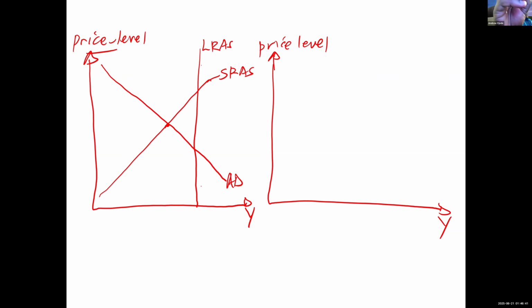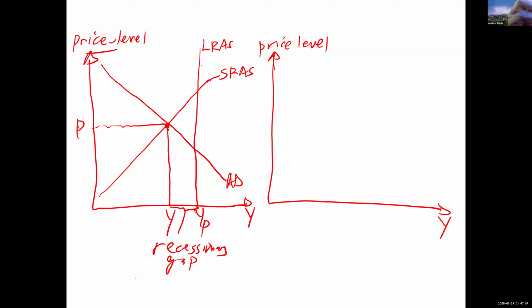Remember, this vertical line determines your potential output, but the intersection between aggregate demand and aggregate supply happens here, meaning that the actual output the economy produces is below potential: Y is less than YP. So this gap, where Y is less than YP, is what we're calling the recessionary gap. Because clearly you can see that Y is less than YP.